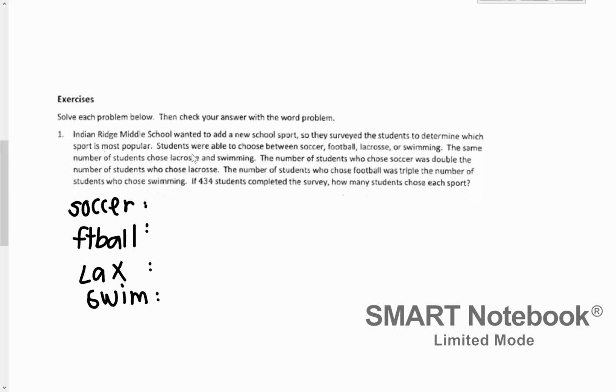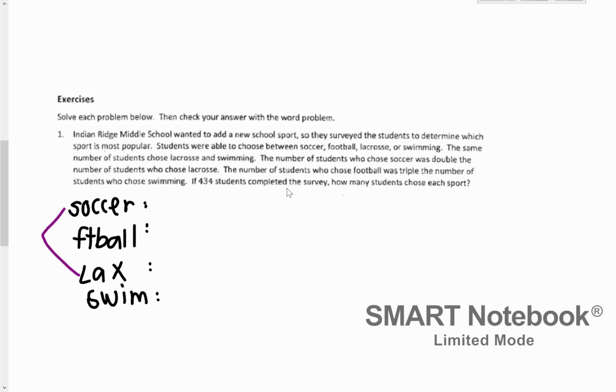All right. The same number of students chose lacrosse and swimming. Okay, so lacrosse and swimming are going to be the same numbers. I'm just going to put like a little connector to those so that we remember that later. The number of students who chose soccer was double the number of students who chose lacrosse. The number of students who chose football was triple the number of students who chose swimming.